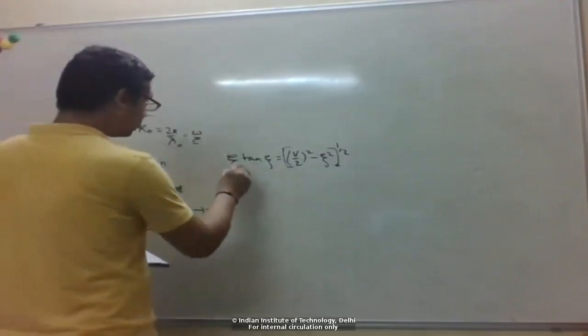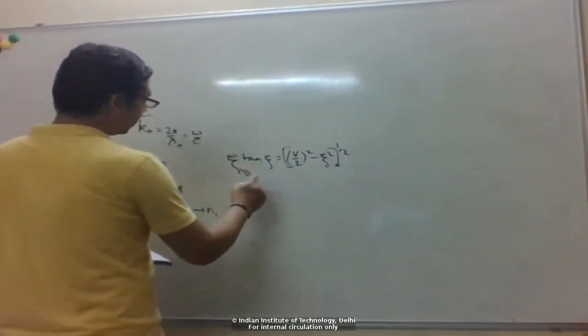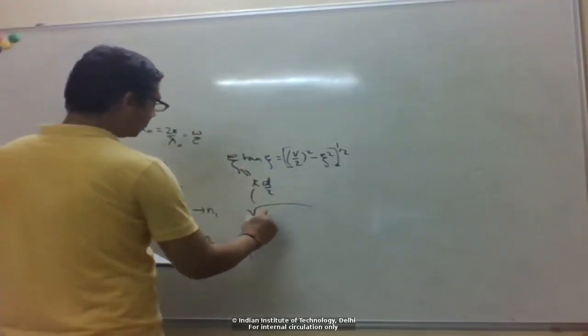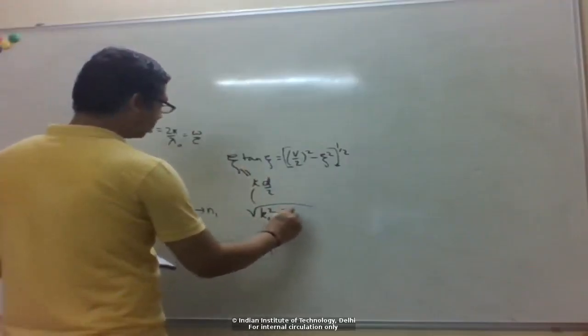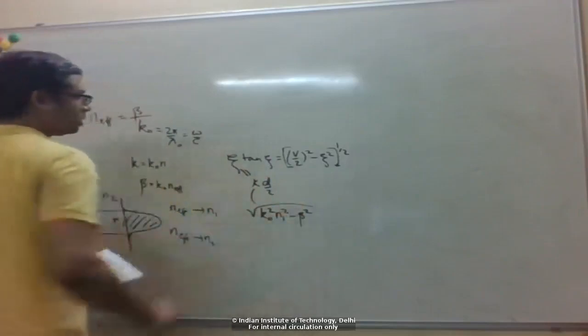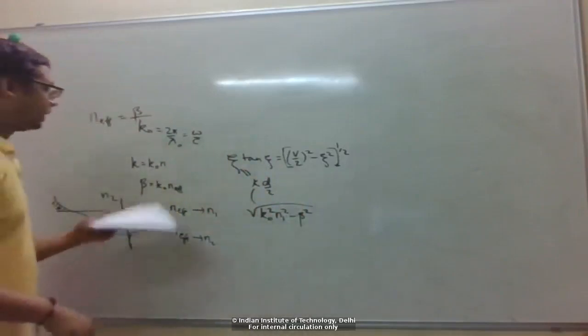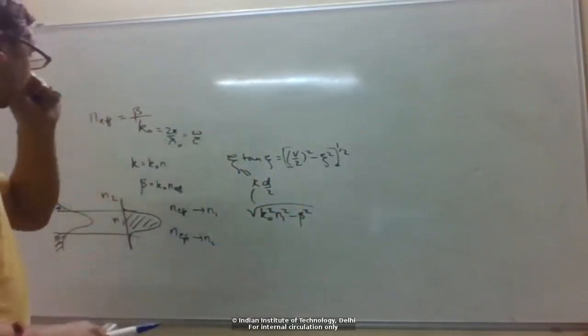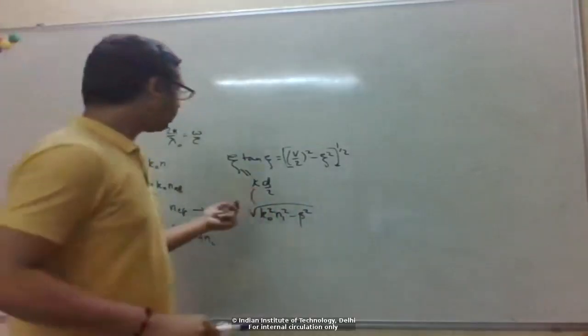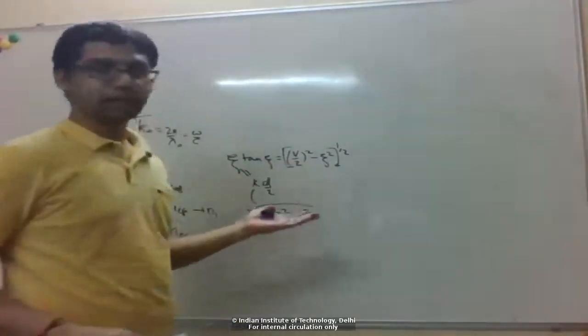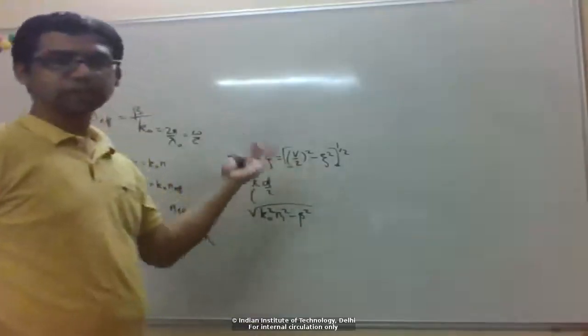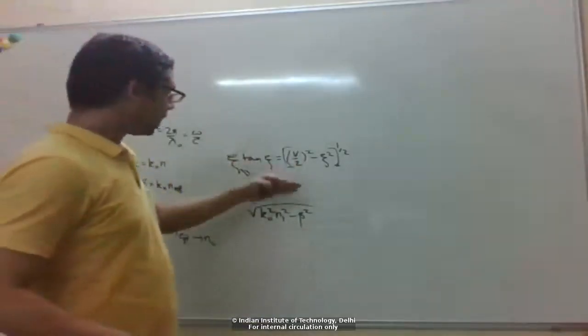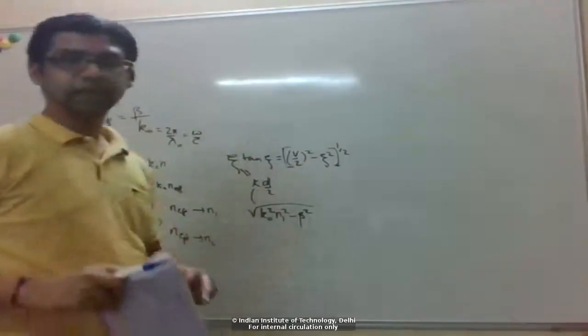This psi was like kappa v by 2 or something, and this kappa was like the square root of k naught square n naught square minus beta square. So in the step index case, we didn't have an analytical formula that we could write down for beta, because we had to solve this transcendental equation, and the solutions gave us beta.